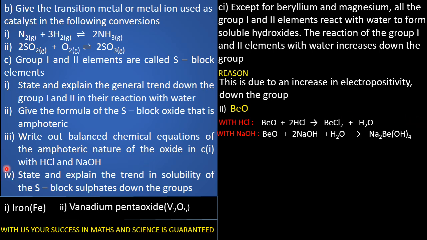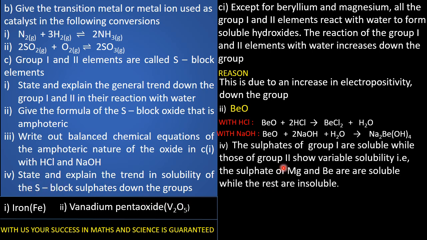Alright, then the Roman 4 is saying that we should study and explain the trend in solubility of the S block sulfates down the group. So guys, we should know that the sulfates of group 1 are soluble, while those of group 2 show variable solubility. Now, the sulfates of magnesium and beryllium are soluble.